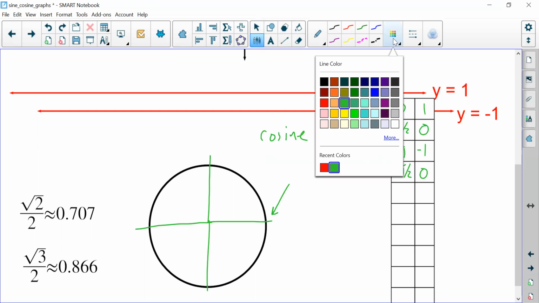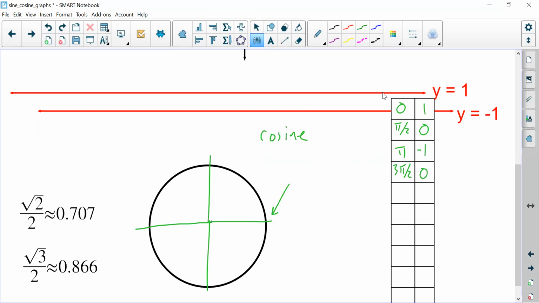And then when you get to 2 pi, everything starts to repeat. 2 pi has the same cosine as 0. And then this one would be 2 pi plus pi over 2. So that's 5 pi over 2, and that has a cosine of 0.